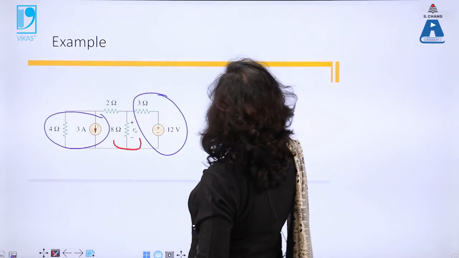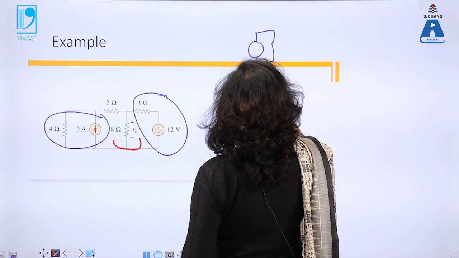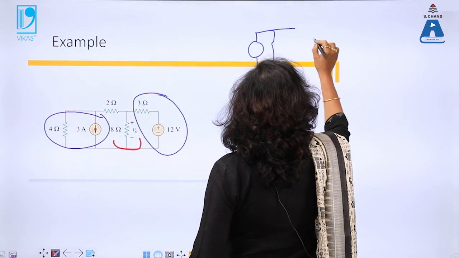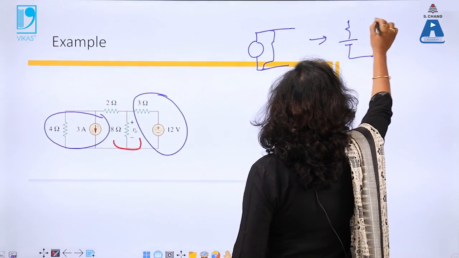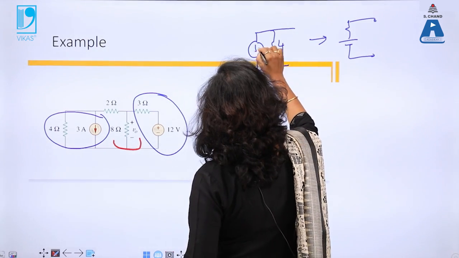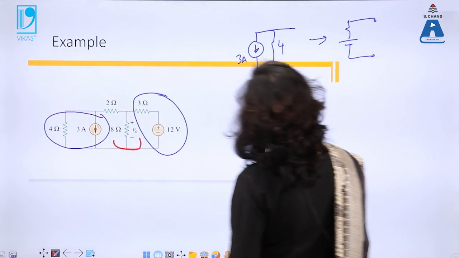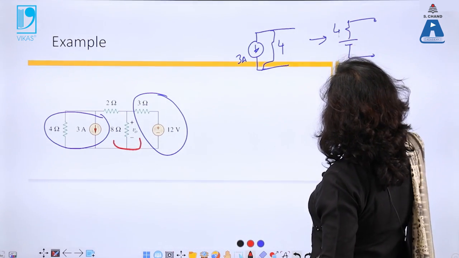So I will convert this. When a current source is in parallel with a resistance, I am going to convert it into a voltage source in series with the resistance. So there is 4 ohm, there is a current of 3 amperes, right? So I am going to convert this into a voltage source with the same resistance of 4 ohm in series.